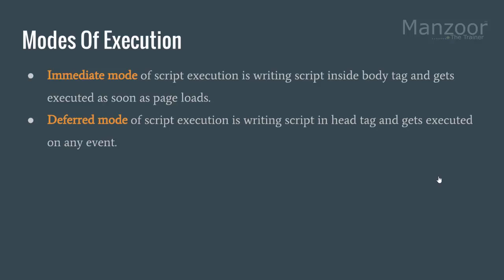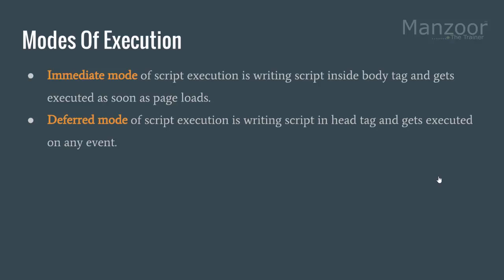Deferred mode is something where first the page gets loaded and the script gets executed after some event like a button click or on mouse over or key press, key down, key up, something. It does not get executed as soon as the page gets loaded.